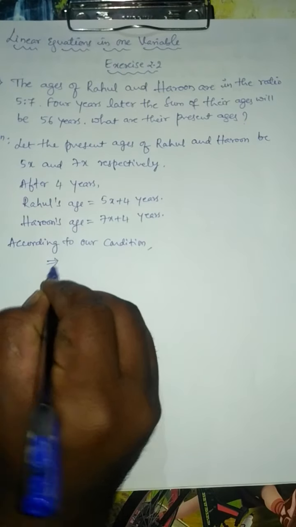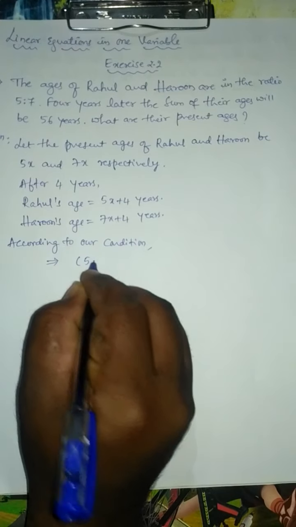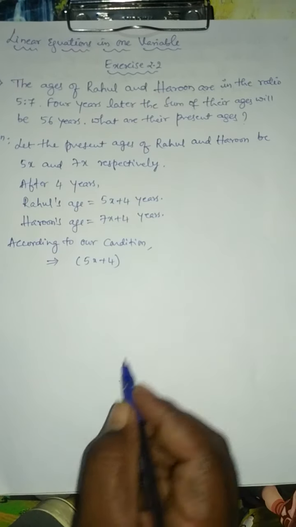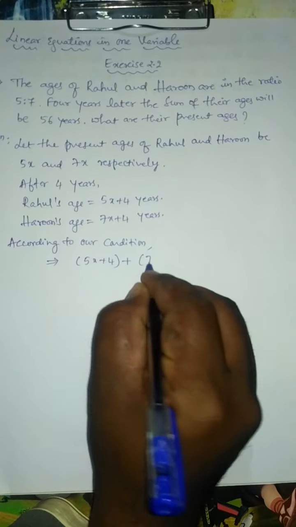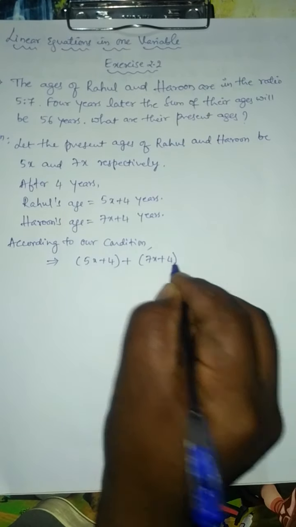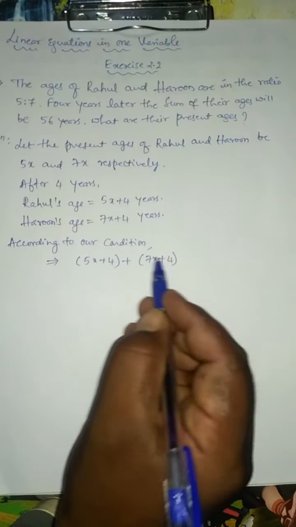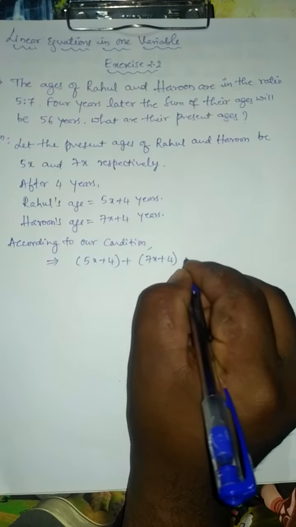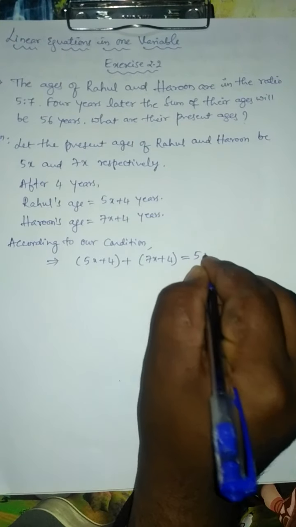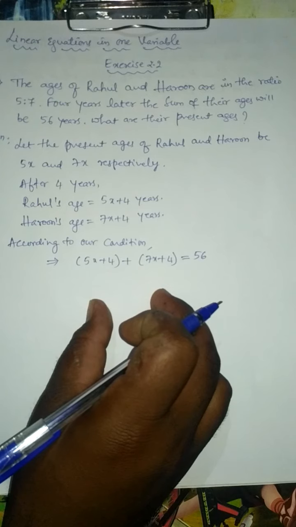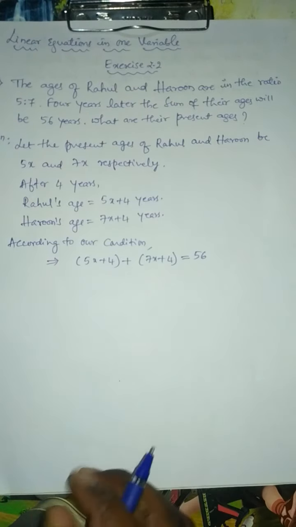Which implies 5x plus 4, the age of Rahul after 4 years, and 7x plus 4, the age of Harun after 4 years. If we add both ages, it is equal to 56.